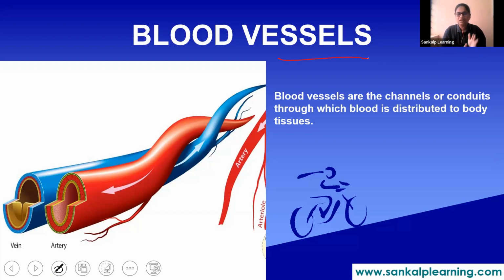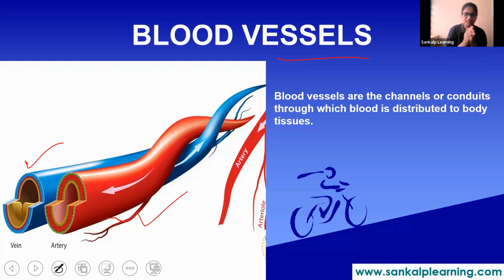We human beings are made up of trillions of cells, many crores of cells. To every cell oxygen is necessary. Then how will blood go to each and every cell? It will travel by these blood vessels. As you can see here, two pictures you are seeing here.